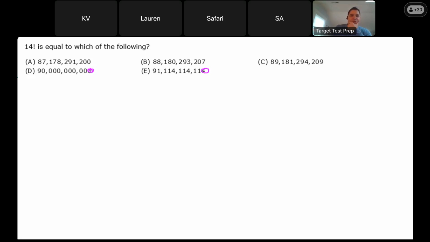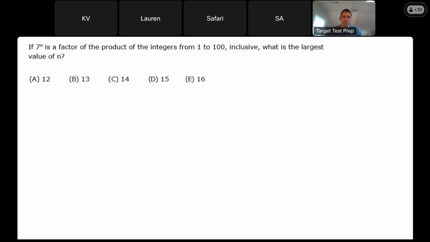But first, I want to do just a very straightforward one that's just testing plain divisibility. All right, so take a look at this one here.